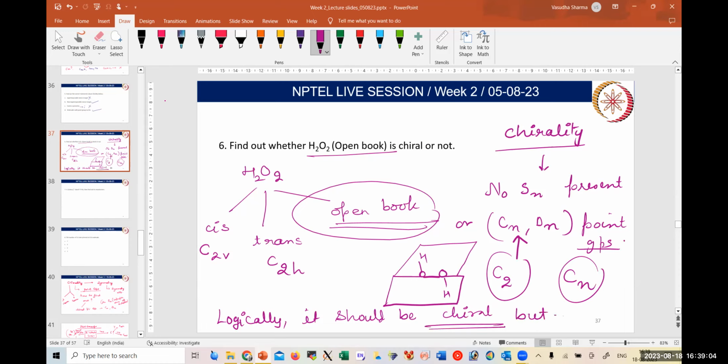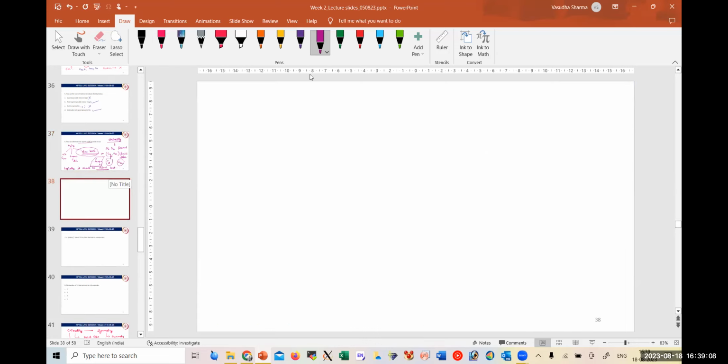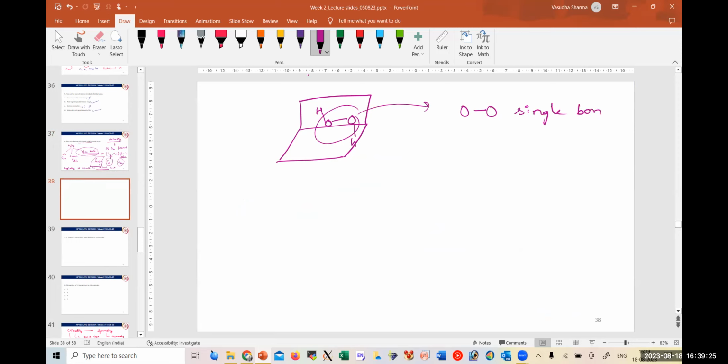But if you see carefully, this oxygen-oxygen single bond, or any single bond for that matter, is highly flexible for bond rotation.